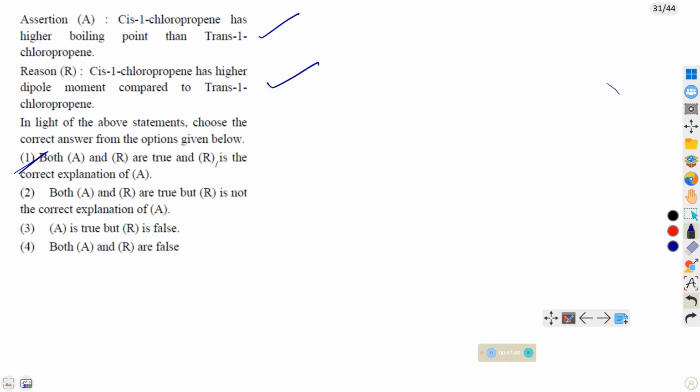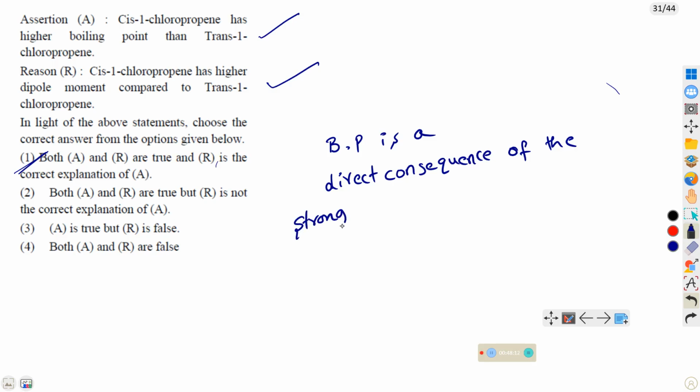Because boiling point is a direct consequence of the stronger molecular polarity or dipole moment.